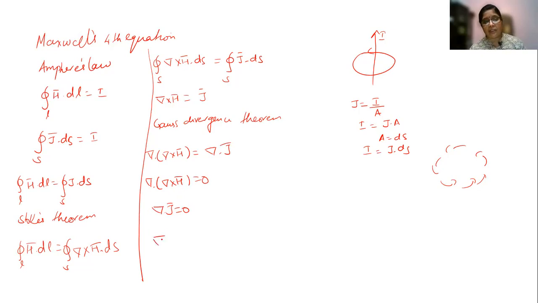Now del dot J is actually given by minus d rho by dt. J is the current density and rho is the charge density. The rate of change of charge density defines the current density. So del dot J is not equal to 0. We are compelled to bring in a new term on the right hand side to balance the equation. I could write now del cross H is equal to J plus Jd, some random term Jd.